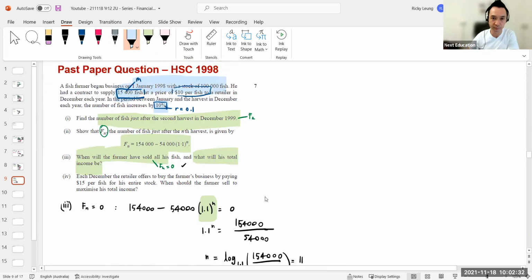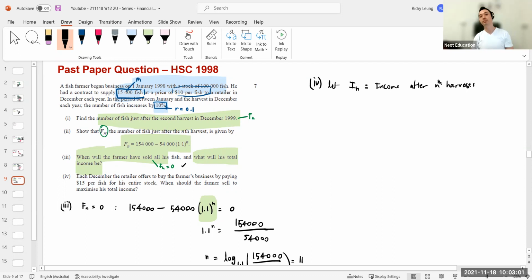So it's not easy. You're just going to dig through it and say to yourself, let the income at time n be income. Now, let's say after n harvests, I'm just copying this, after n harvests.